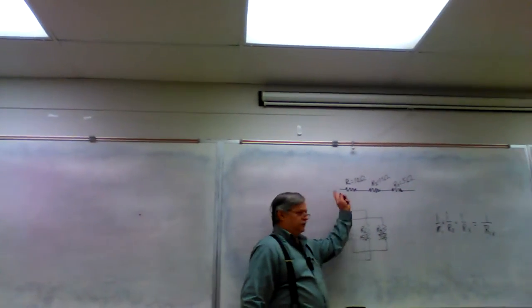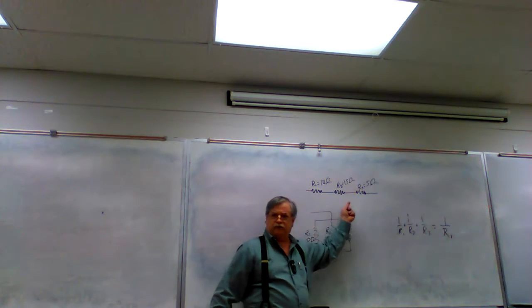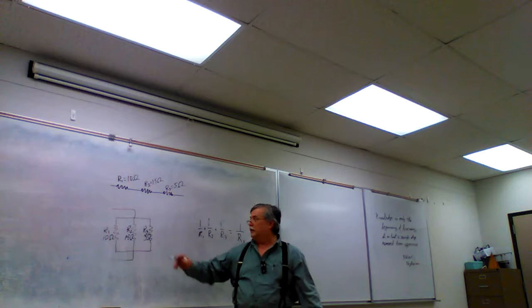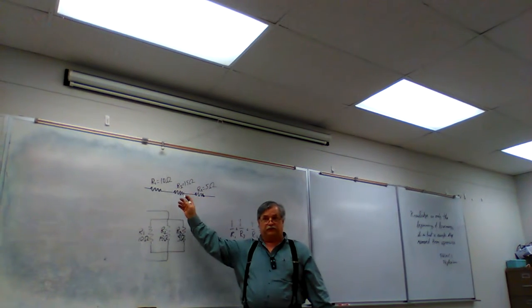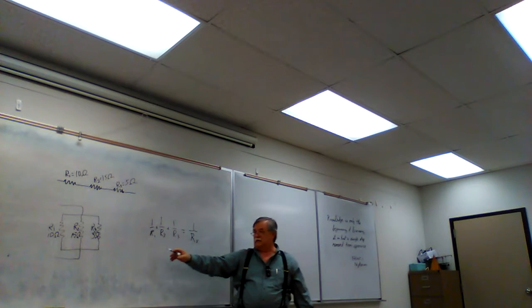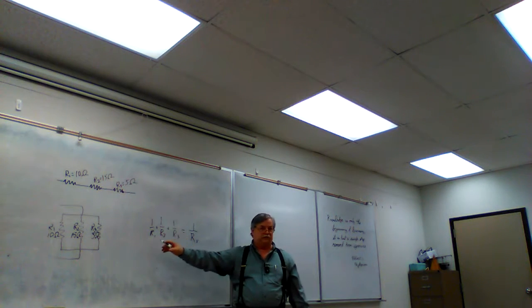The statement is that in series, the net resistance, or the equivalent resistance, or the total resistance, whatever you want to call it, is simply the sum of the resistances. In parallel, it's the reciprocal of the sum of the reciprocals.